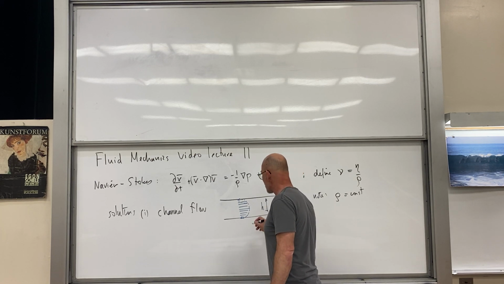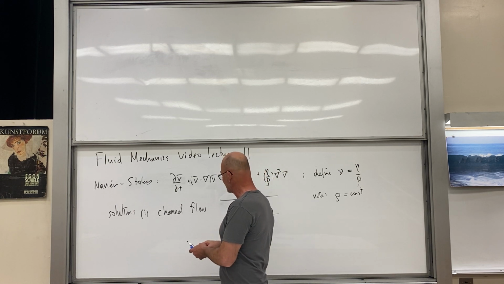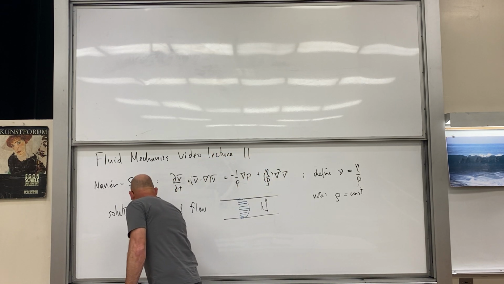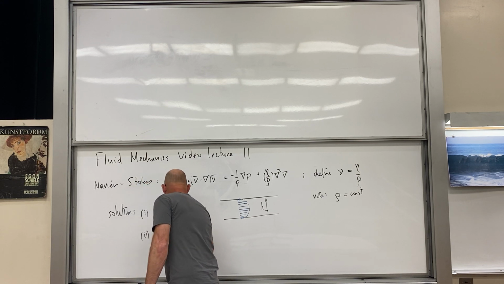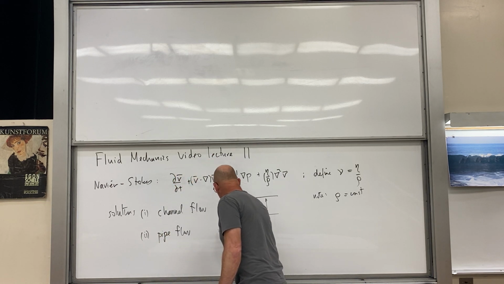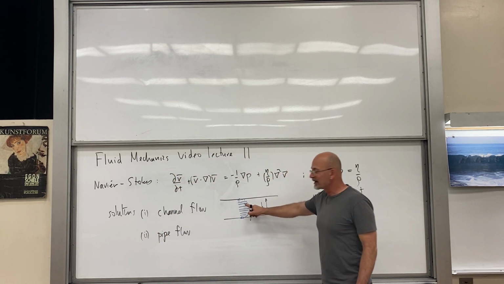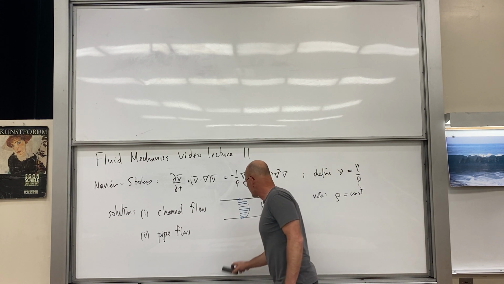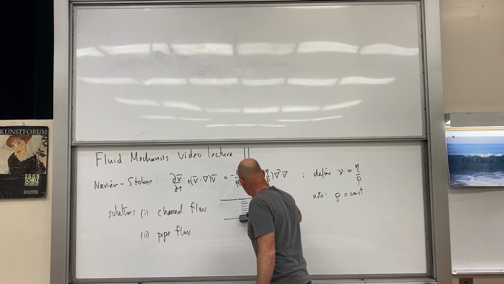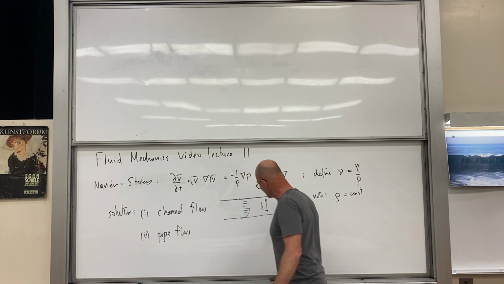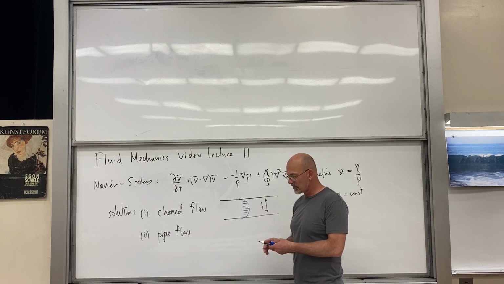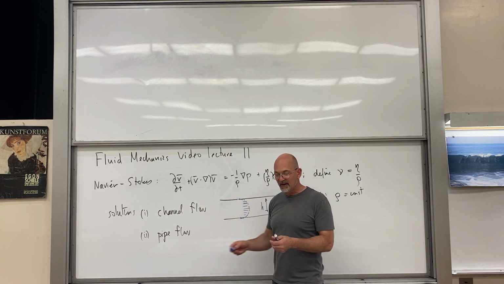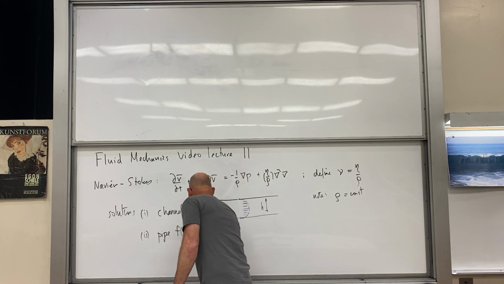And it's got the parabolic velocity flow, and the other flow is the pipe with a circular cross section, and it too has the same type of parabolic flow here. So pipe flow, channel flow, both of these have parabolic velocity profiles.